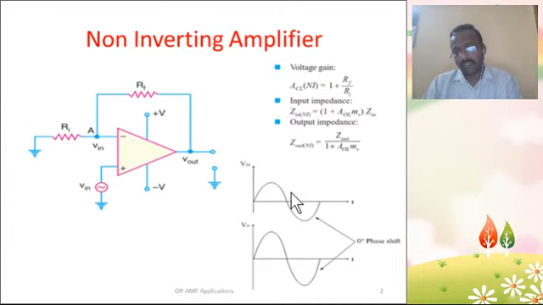From this waveform, it is clearly understood that there is no phase shift between input signal and output signal. The phase shift means it is here also starting from 0, here also starting from 0. But in the inverting amplifier, the input signal starting from here, the output signal starting from here. So 180 degree phase shift. But here there is no phase shift. That is why it is called as non-inverting amplifier.